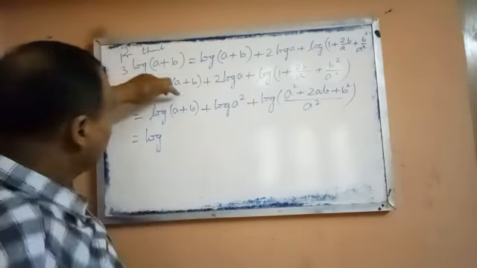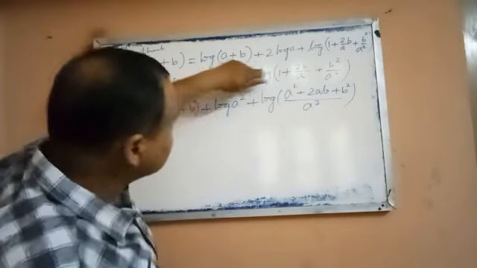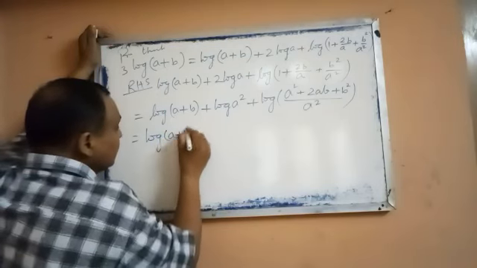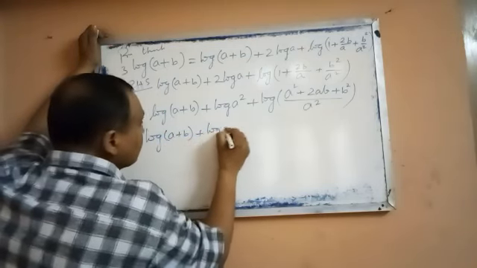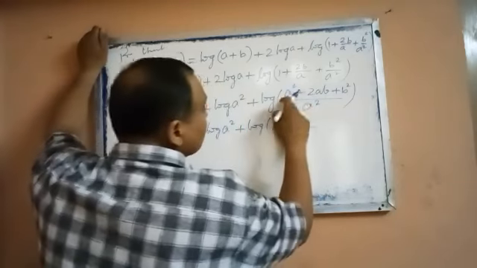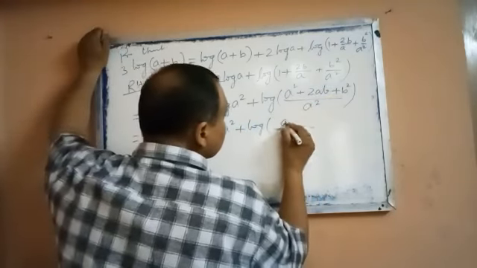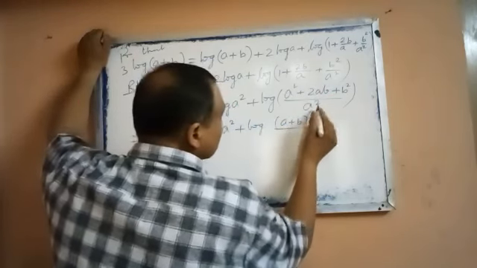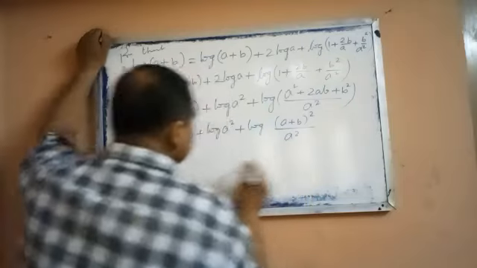Now what log becomes: log this plus log this plus log this. So log (a plus b) plus log a square plus log. Now here it becomes a formula, a square plus 2ab plus b square equal to what? (a plus b) the whole square, and down will write a square.